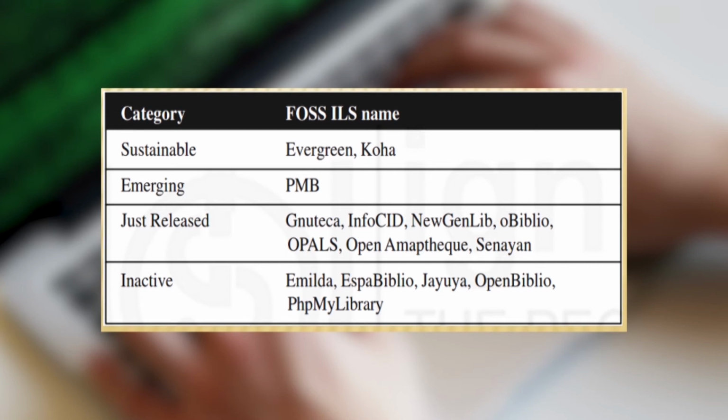That's why I have clubbed this particular software in the just released group. Many software emerged as very promising, like Emilda, but slowly this software became inactive because of the smaller number of users. So Emilda, ESPA Biblio, Open Biblio, PHP My Library, these are the inactive group of software now.